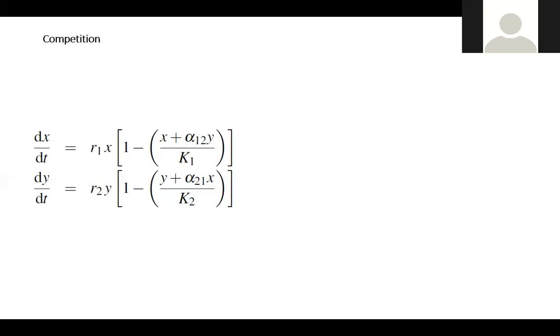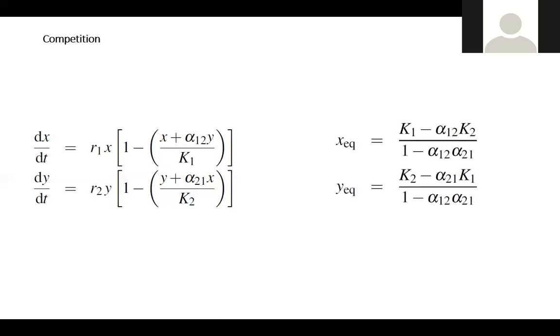So again, you can do the math and find what the equilibrium points are for these populations, and do the math for this individual if you have two competing species. And the main idea here is how we model this.